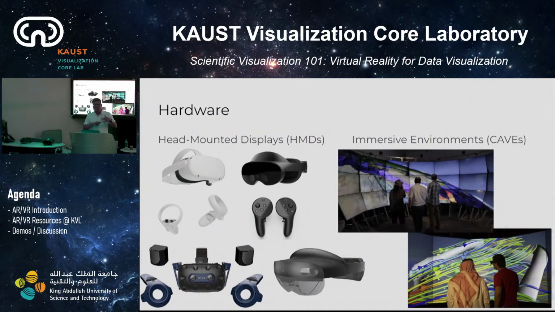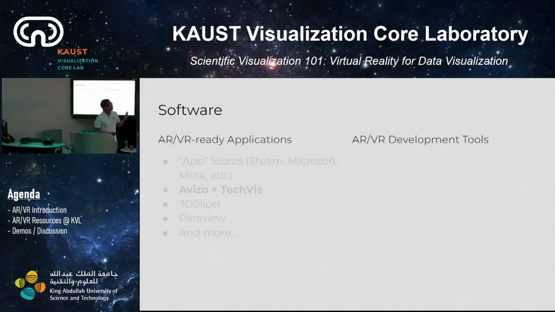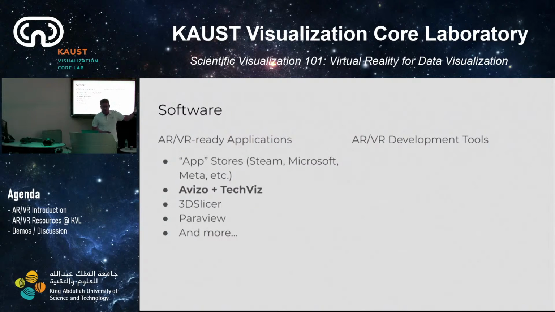We also have these bigger environments, or caves, which we have across on the other side of the building, and we'll try to look at them later. In terms of software, we also have, let's say, the no programming required kind of application. So we have app stores where you can just buy software, right? Mostly games, but there's also some productivity and research apps.